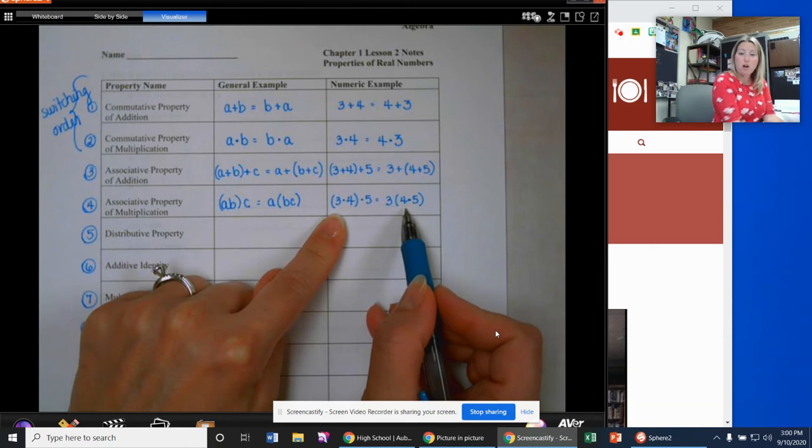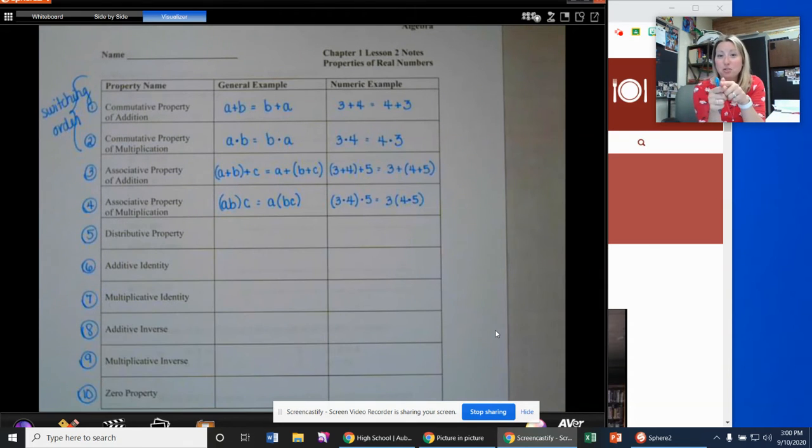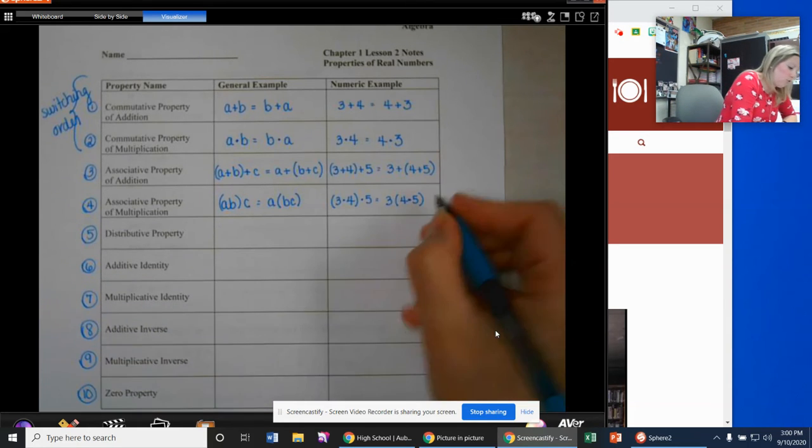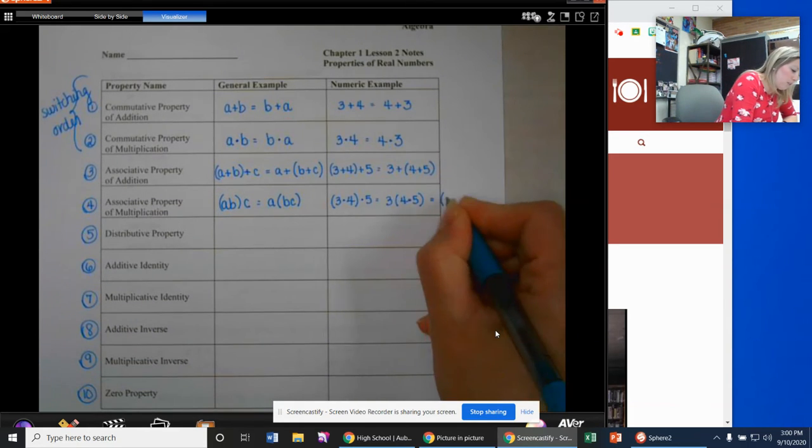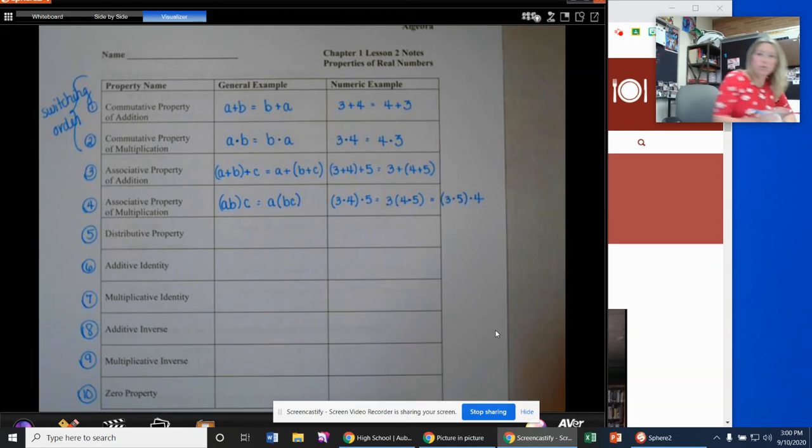It worked. What if I grouped 3 times 5 together first? I get 15. And now I multiply by 4, I get 60. So even that potential third way changes the order, so it's also the commutative property because I changed my order around.